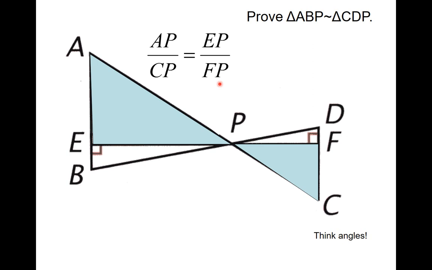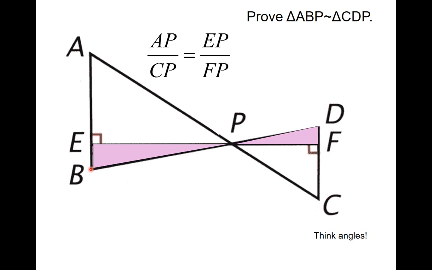We're going to use that same trick on these two smaller triangles. Can you see right away similarity? We've got vertical angles, and again we have the right angles here. Or you could use the alternate interior angles at B and D. Either way, we have similarity of those two smaller triangles. And guess which proportion we're going to write?